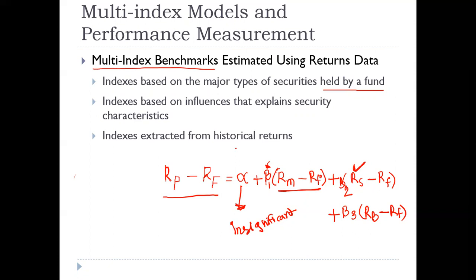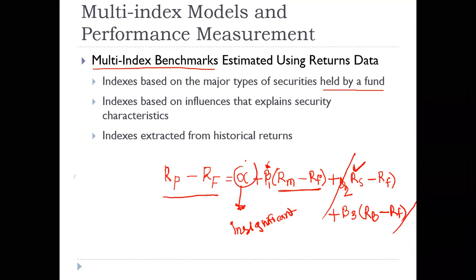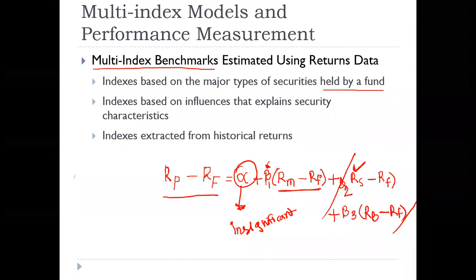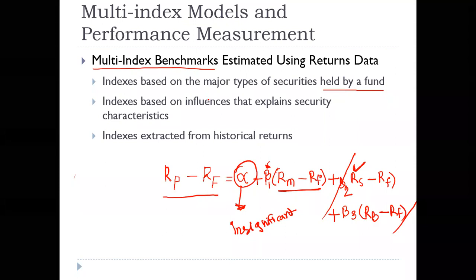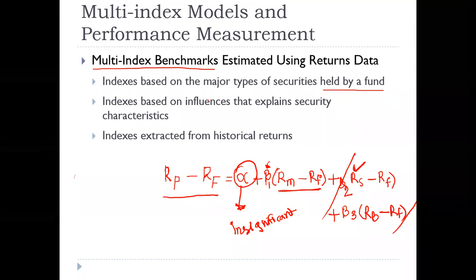Did the manager really outperform? If you do not include this, it was found very significant. But when these additional benchmarks have been included, the alpha reported was very insignificant.